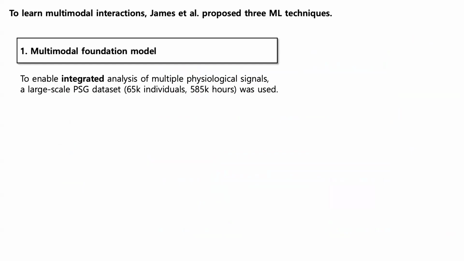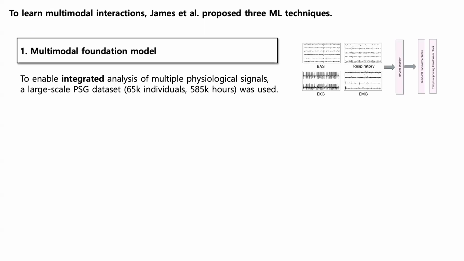So to learn the multimodal interaction, James et al. proposed three machine learning techniques. The first one is the multimodal foundation model to enable the analysis of multiple integrated physiological signals. Large-scale PSG data was used.